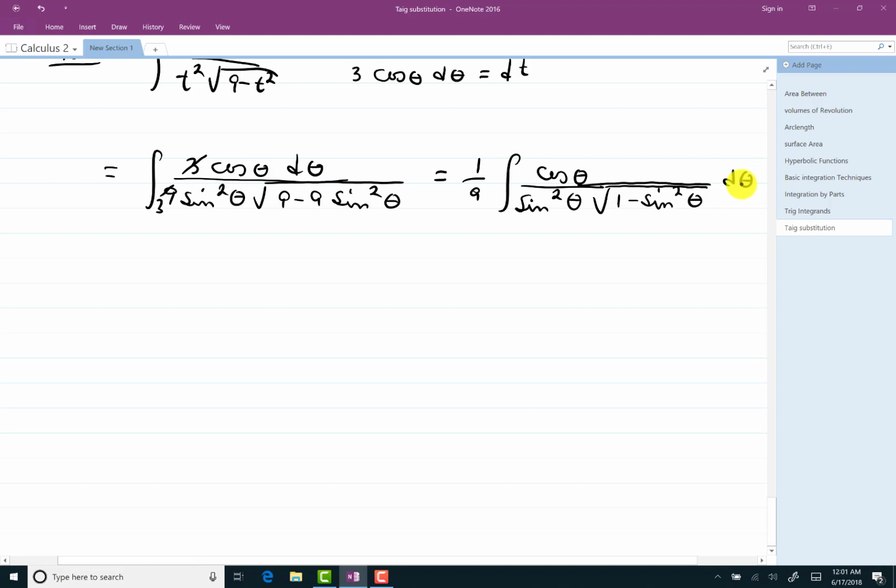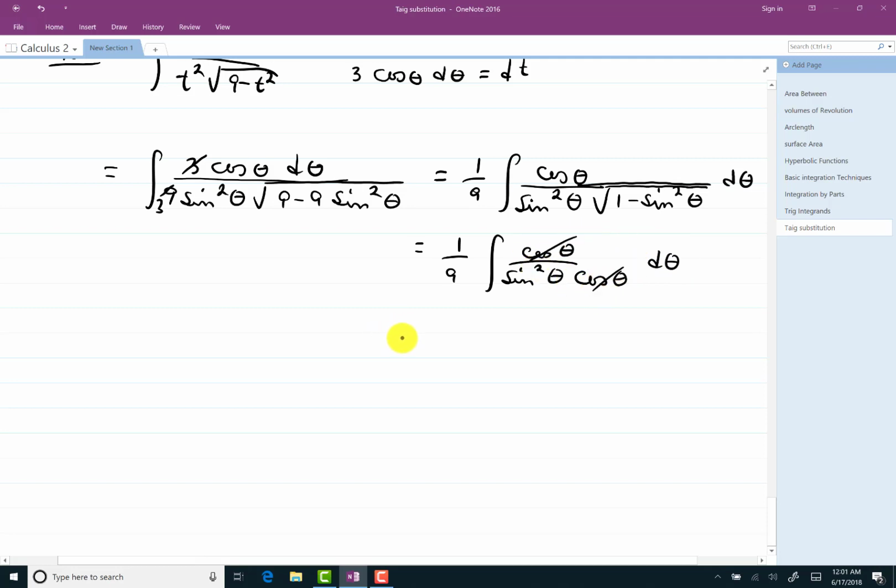d theta. Of course, this right here will just be cosine squared, and the square root of cosine squared theta is absolute value of cosine theta, but since I don't know any numbers, I'm just going to do cosine theta, d theta.